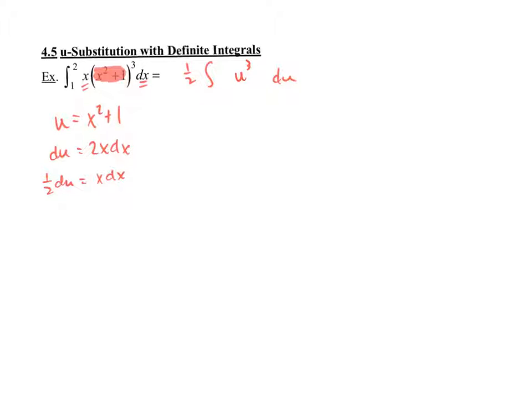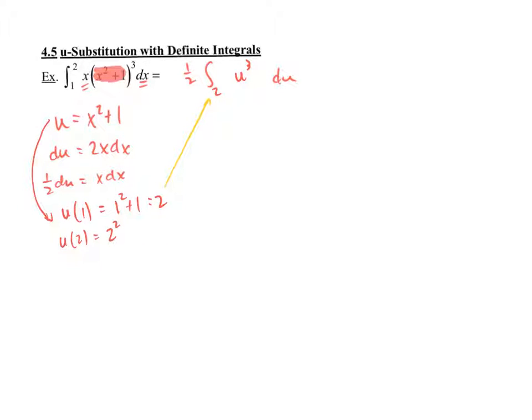So what I'm going to do is take this equation, u equals x squared plus 1, and plug in my original lower bound, which is 1. That's going to give me 1 squared plus 1, which is equal to 2. Now that 2 is going to go up here as the new lower bound. I'm going to do the same thing with the original upper bound, which was 2.